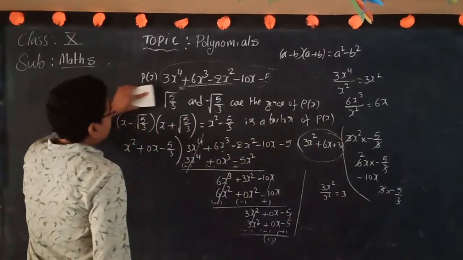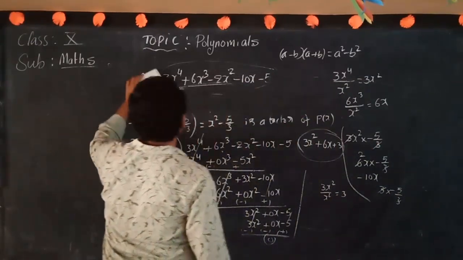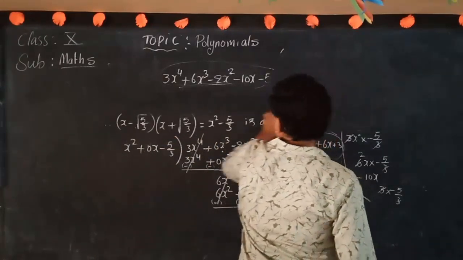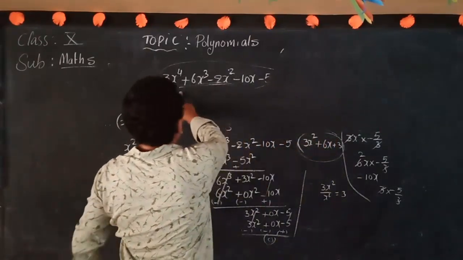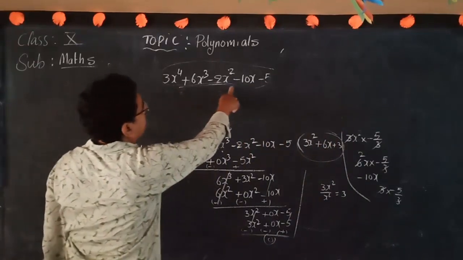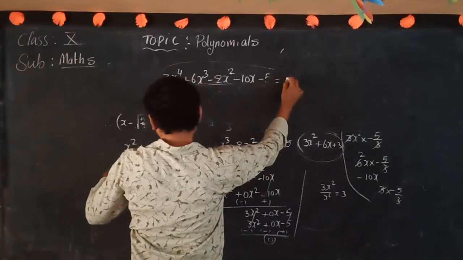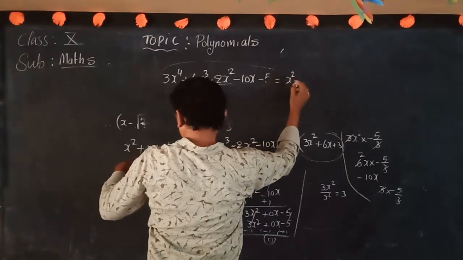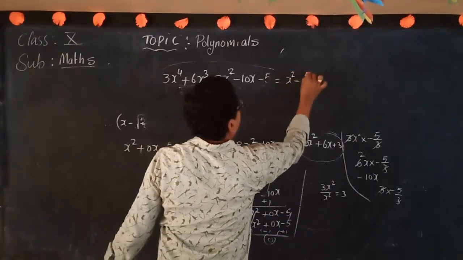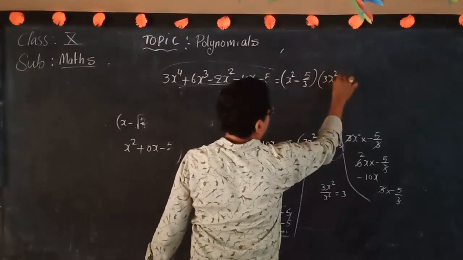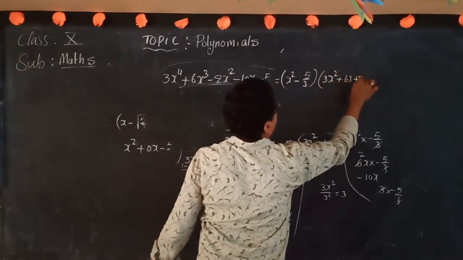By the division algorithm, how can I write this? 3x power 4 plus 6x cube minus 2x square minus 10x minus 5 equals x minus 5 by 3 into the quotient 3x square plus 6x plus 3.